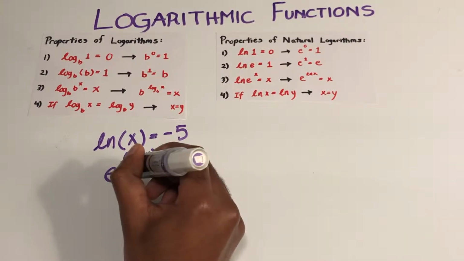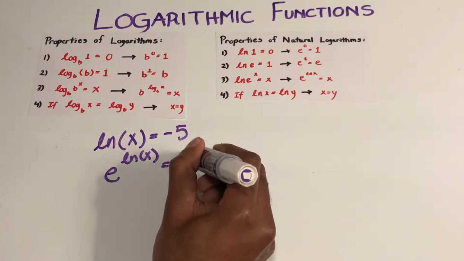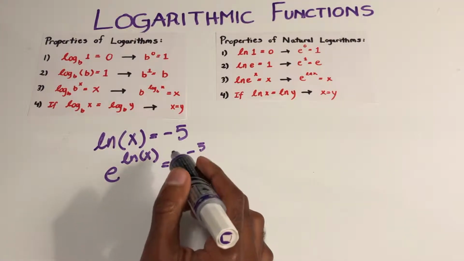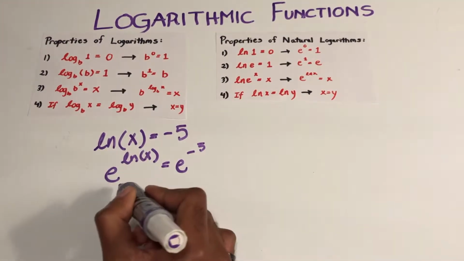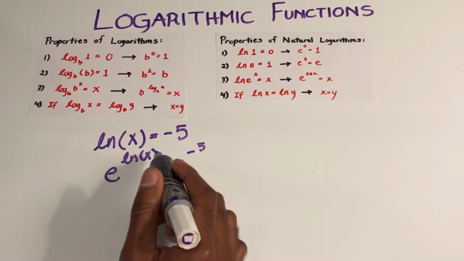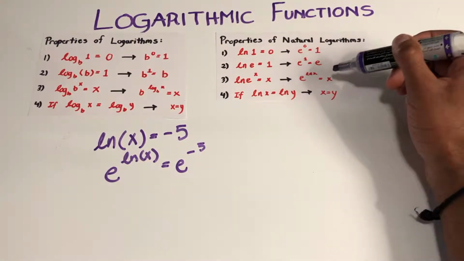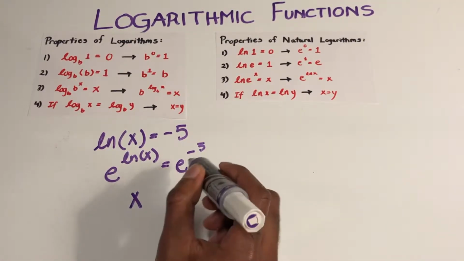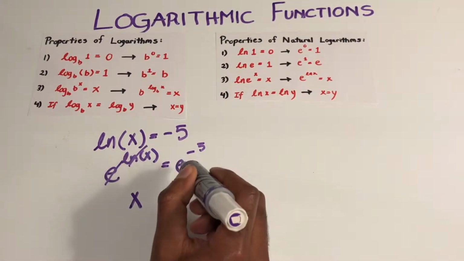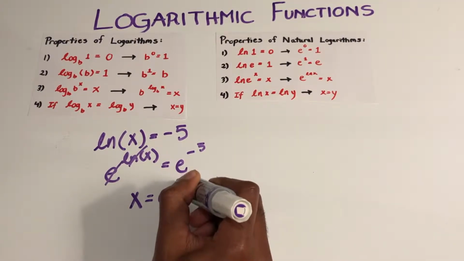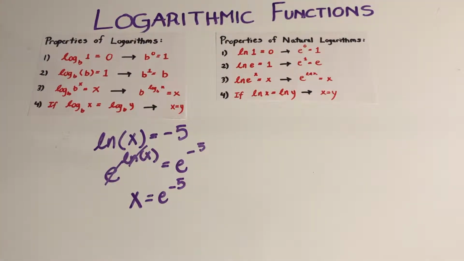And then, because we did this to one side, we have to do it to the other side as well. Since we have the same base, e to the power of ln of x is just going to give us x, which is what it says right here, x can just drop down. This whole term just goes away. And then we're left with e to the power of negative 5, which is just a constant. You can just leave your answer like this or put it in a calculator.